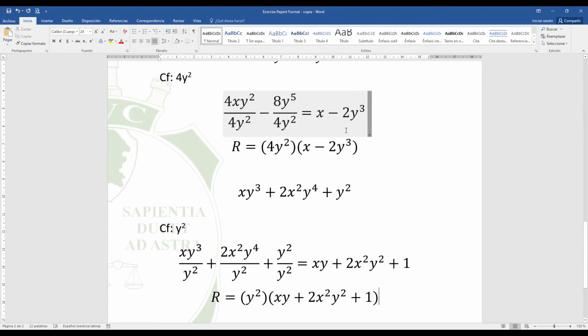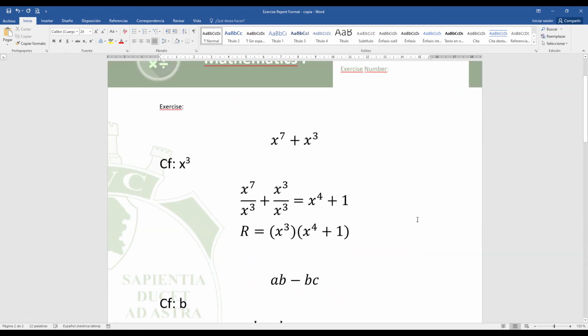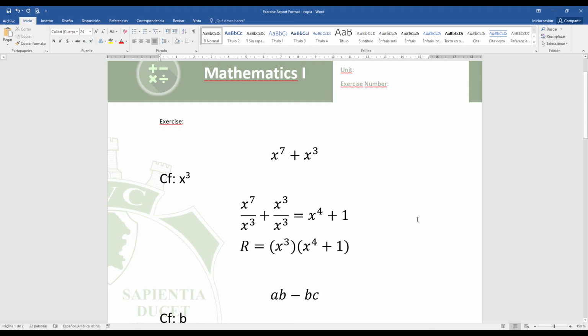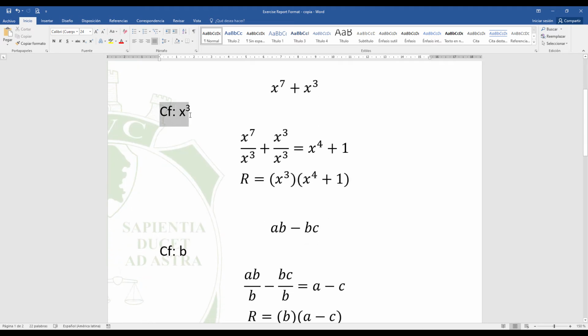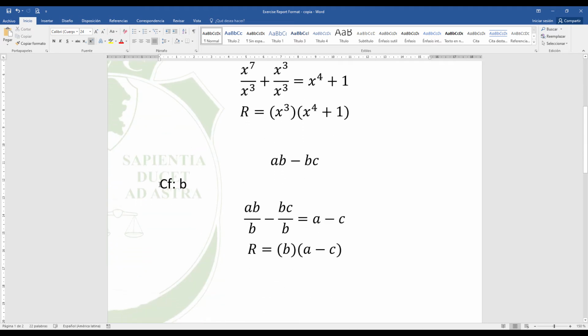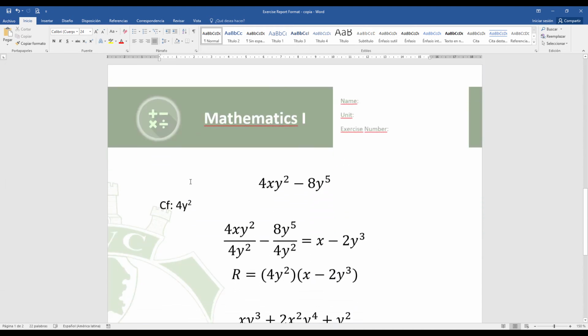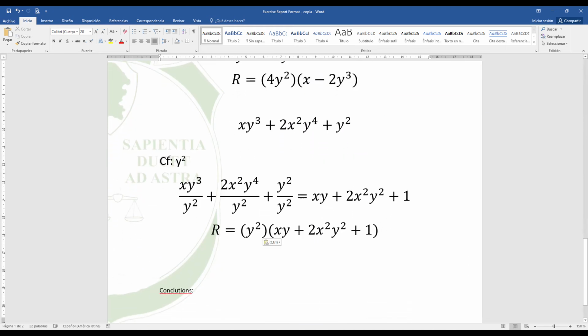Okay, if you look here, in all that kind of exercises, the common factor was a monomial. So in that case, we saw the factoring by a common factor when the common factor is a monomial.